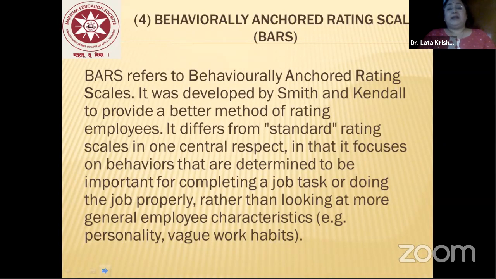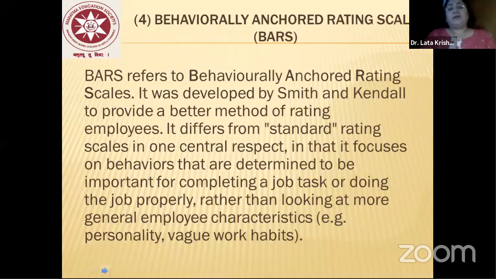Third, maintains diaries and appointments methodically. Fourth, has good communication skills. Fifth, is enthusiastic at work. So these are the attributes that are required for a dentist's assistant.